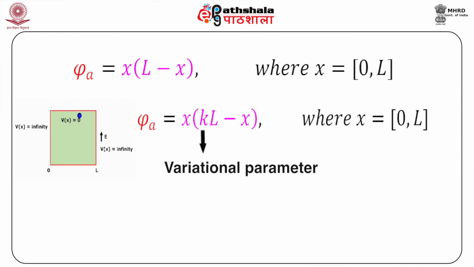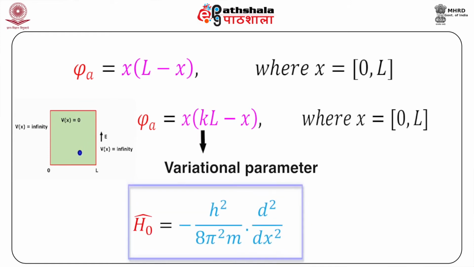The Hamiltonian for the particle in a one-dimensional box is as given by equation 4. That is, the exact Hamiltonian H_0 is equal to minus h square upon 8 pi square m into d square by dx square, where m is the mass of the particle.